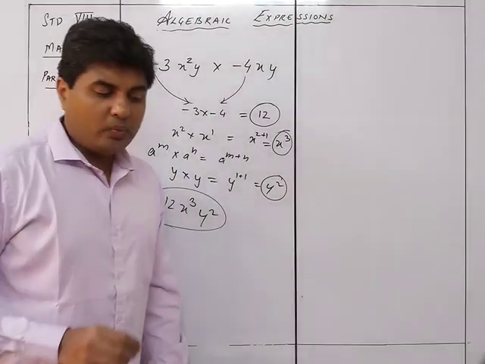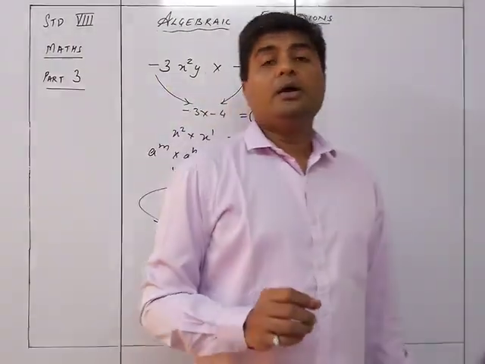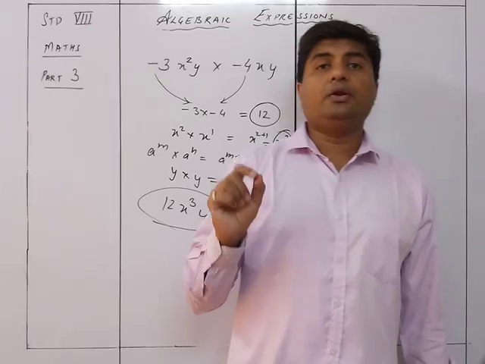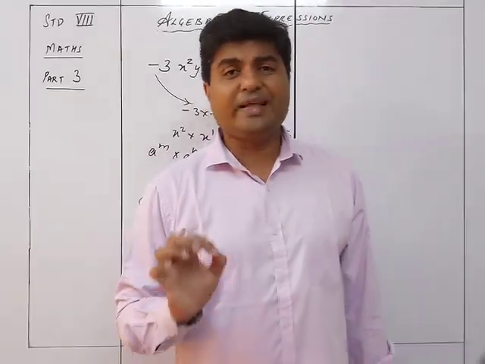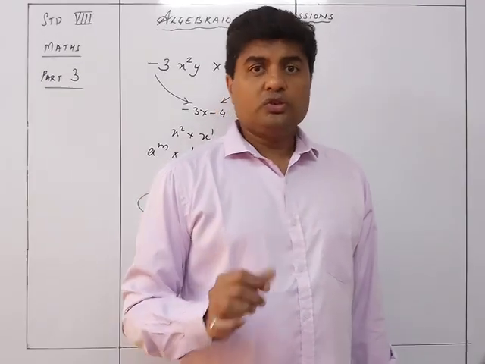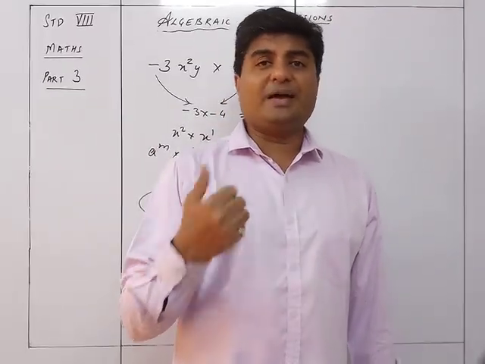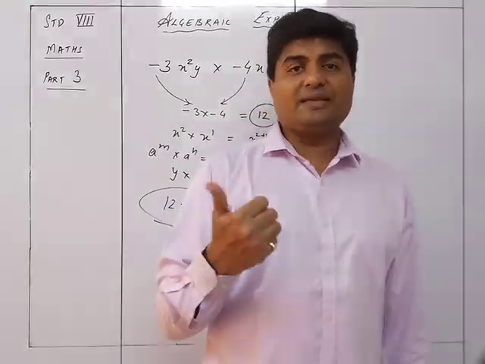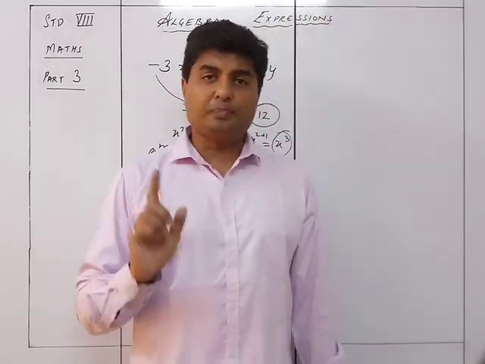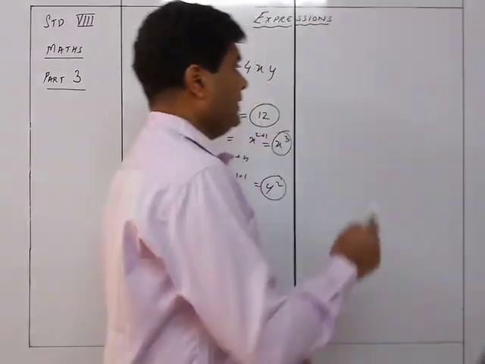Got it? So whenever you are multiplying the terms, you are going to first multiply the numerical coefficient including the signs. So signs are very important over here. So you remember that plus into plus is plus, plus into minus is minus, minus into plus is minus, and minus into minus is plus. Okay, it is this way.